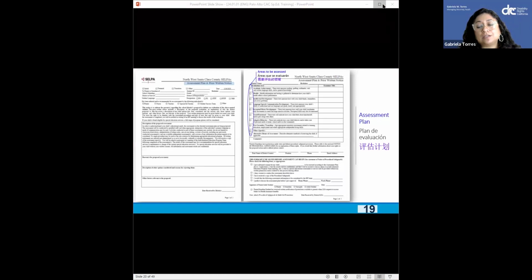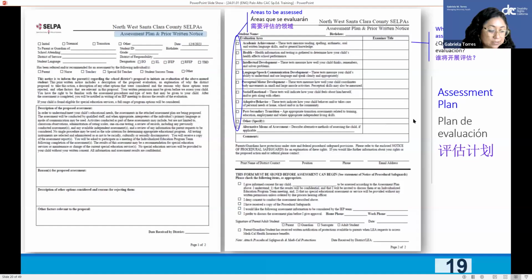And then next to that, there is an evaluation, I think it says examiner title, and that is the name or the title of the person who will conduct the actual assessment. A lot of these will be either the school psychologist or a speech and language pathologist who will conduct a lot of these assessments, but it should tell you the title of the person conducting the assessment itself.